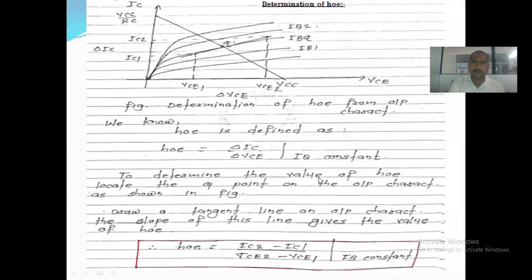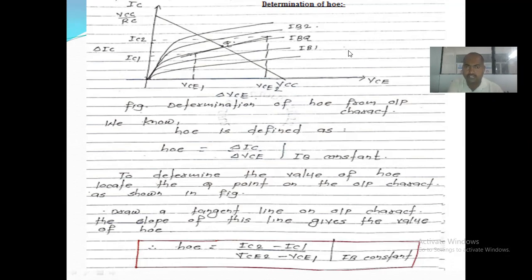Continue. Okay. Now we have to find out the HOE. See, when we find HOE, what we require is the output characteristic. When we were drawing the two-port network, there were two parameters, one was input and the other was output. So the input parameter is nothing but HRE, and the output parameters are HFE and HOE.